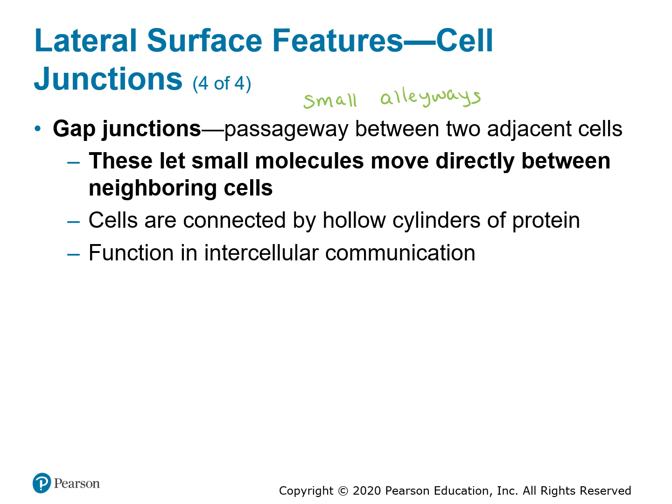That's essentially what the gap junctions do, right? They let small molecules move directly from cell to cell, and they're connected by a little cylinder, and they're used for intercellular communication. Okay, so there's small little alleyways where you can kick a ball to your friend on the other side of the street because your mom said not to cross the stop sign. Does that make sense?